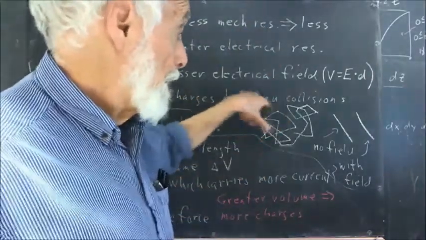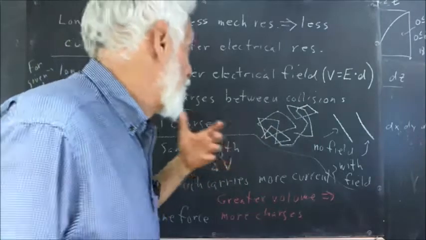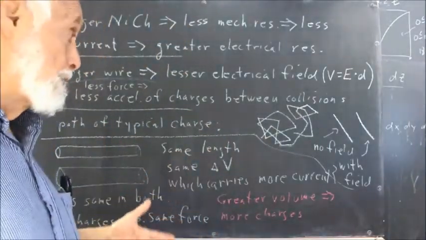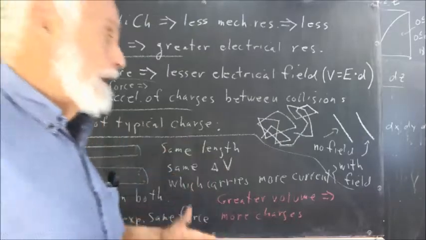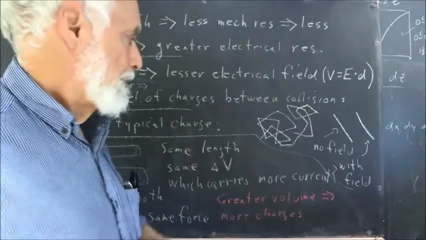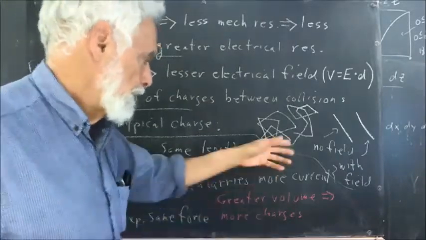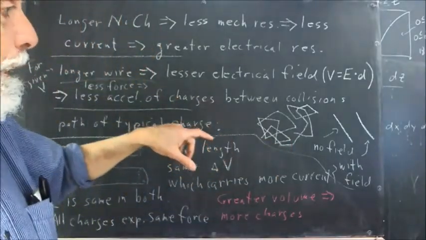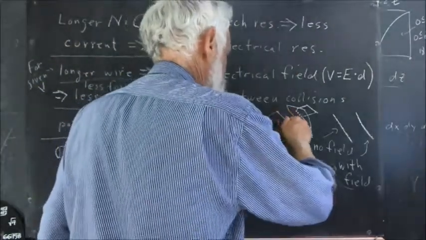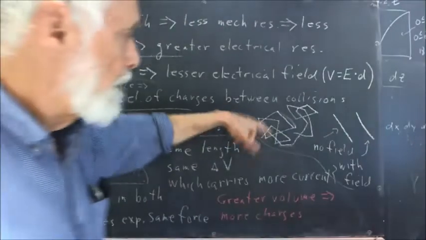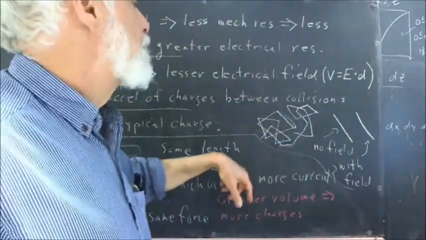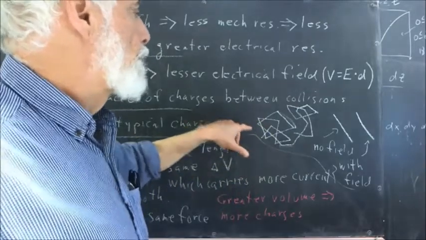So the path might look something like this, because the particle doesn't go very far before it collides with another charge, or has some interaction with the atoms in the conductor, in the metal in this case. And let's see, I just noticed this one kind of looks curved. Now this would indicate the way the path might look if there's no electric field.